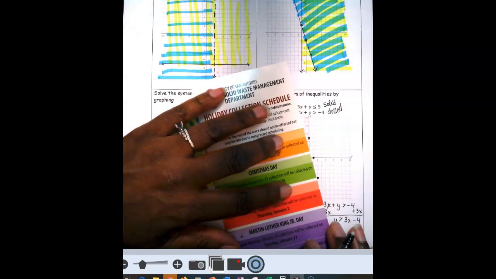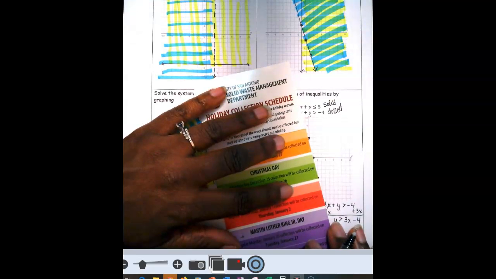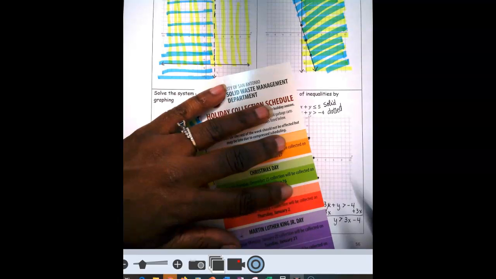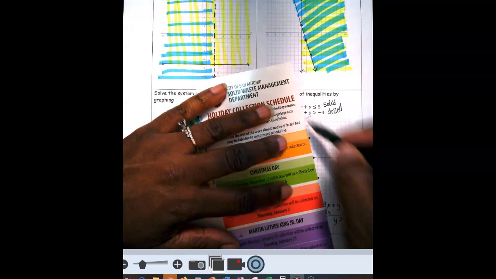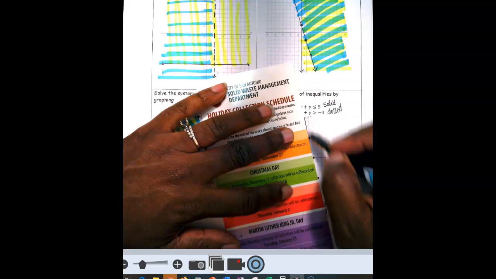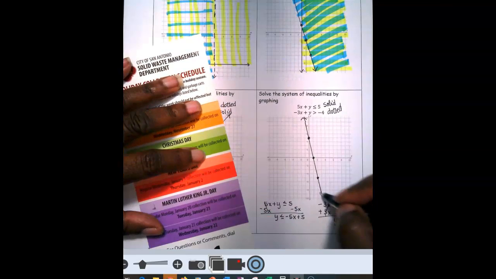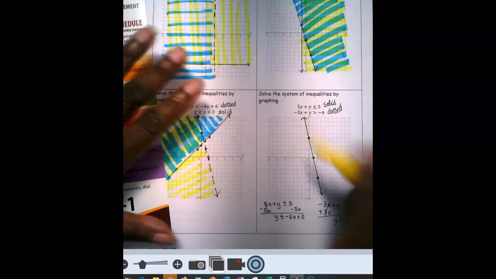Solid line. And it says all values of y are less than this line. So less than would be below it, below the line.